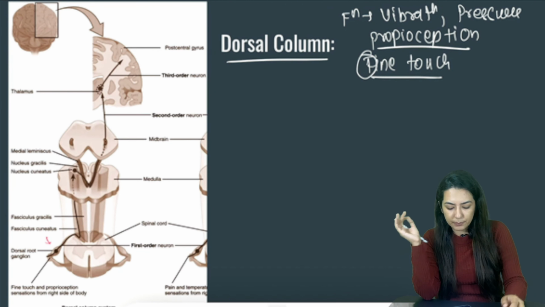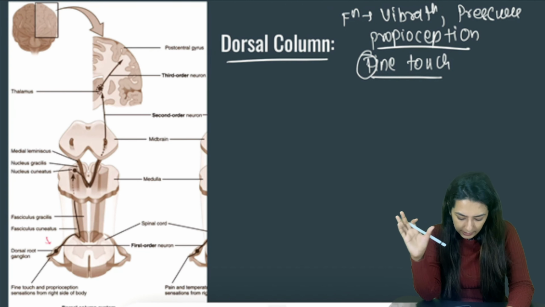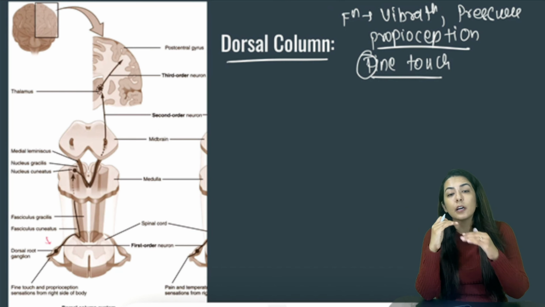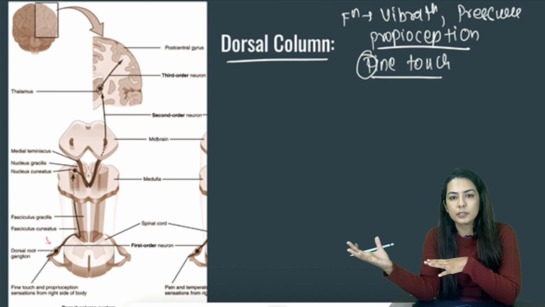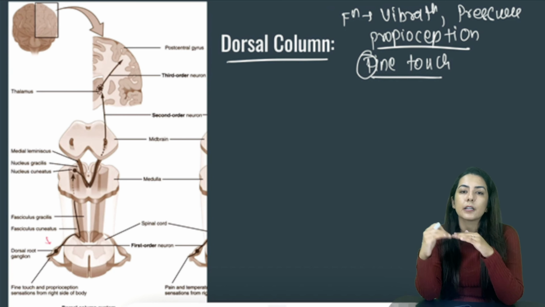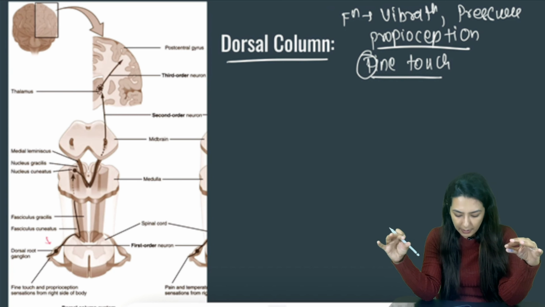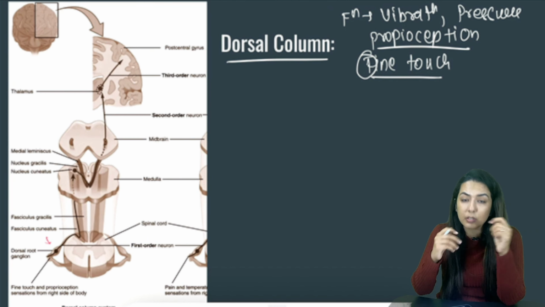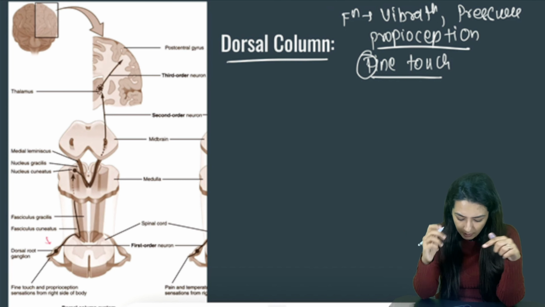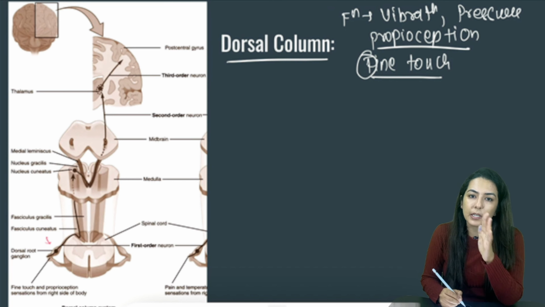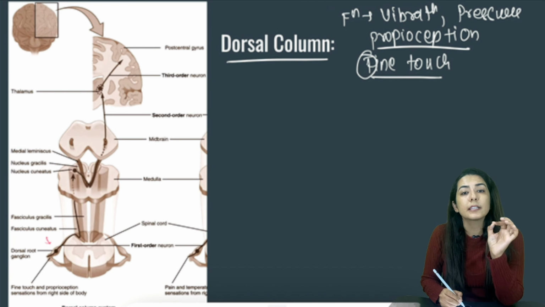Not always necessarily, but that's why it's called white matter, because it is myelinated. One more thing, the ventral root is considered a part of the motor system, and the dorsal root is the sensory system. So the dorsal root has a ganglion.